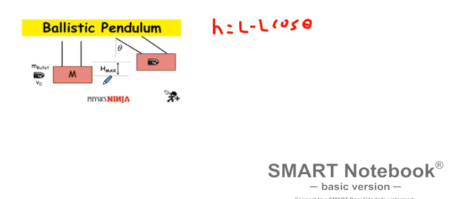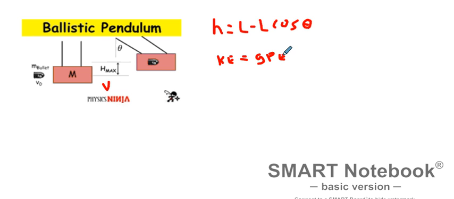We need to figure out the velocity of the bullet, but first we need to know how fast the bullet and the mass are going once they collide together. Once it hits, these two have kinetic energy, and it swings up to gravitational potential energy. So that's the first part we're going to do: kinetic energy goes to gravitational potential energy.